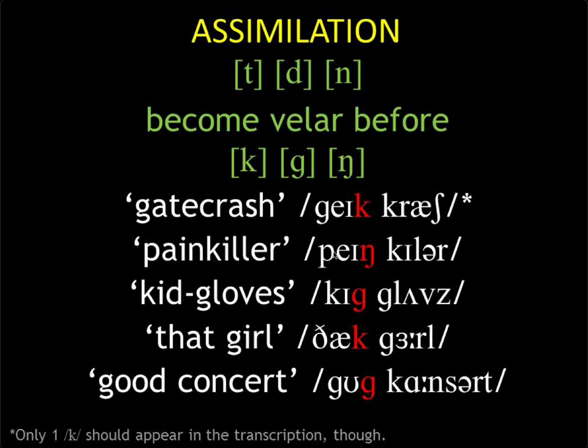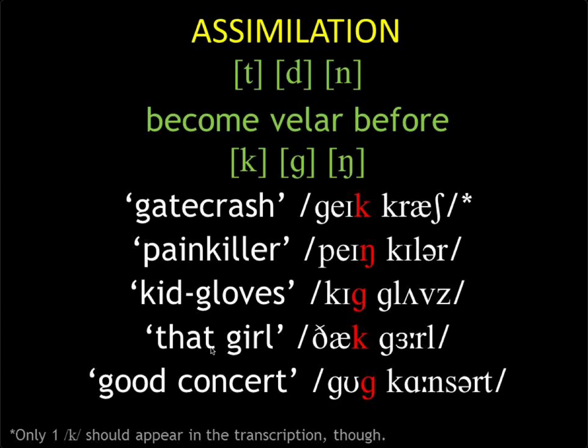Pain killer: the n might borrow the velar place of articulation from k, and you end up saying painkiller. Same thing for kid gloves: the d might borrow the velar place of articulation from g, and you end up saying kid gloves.